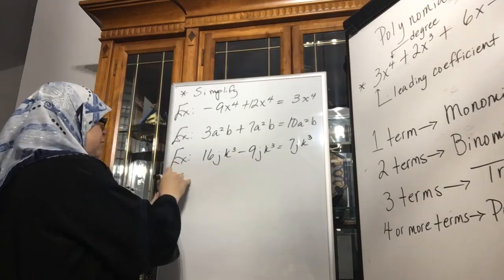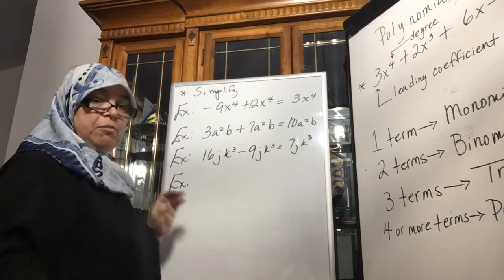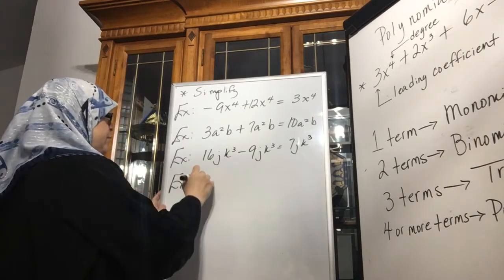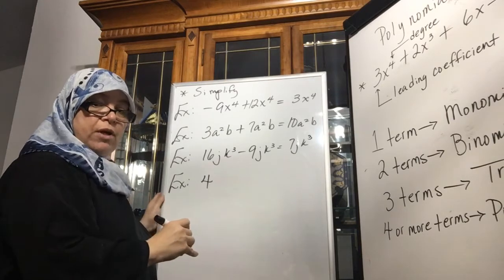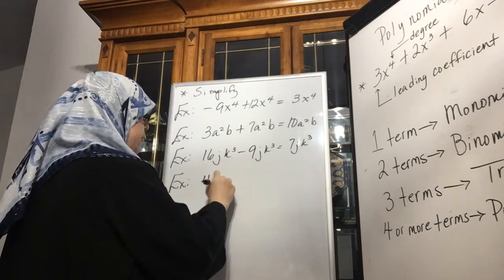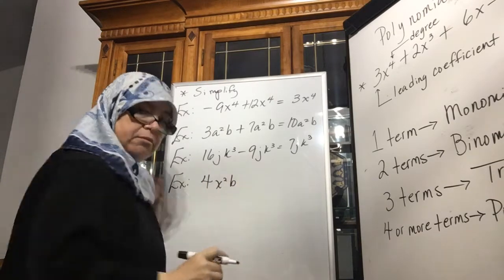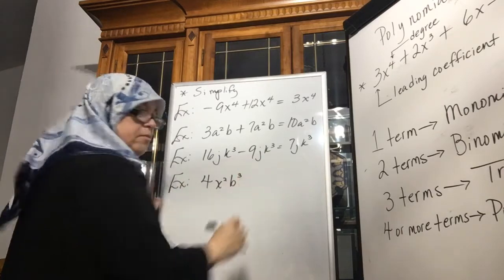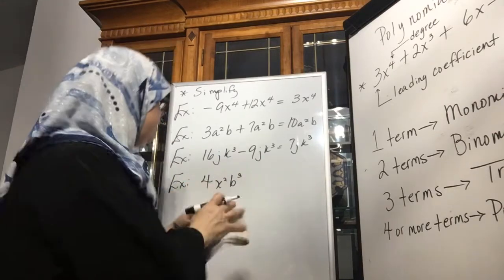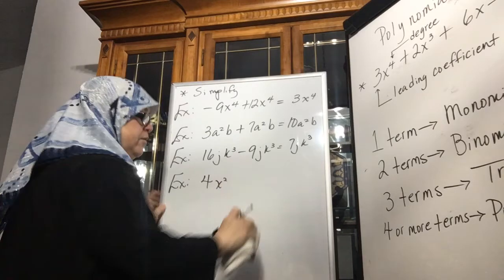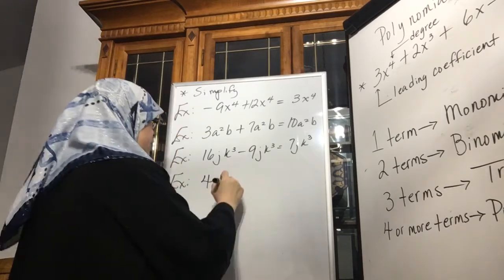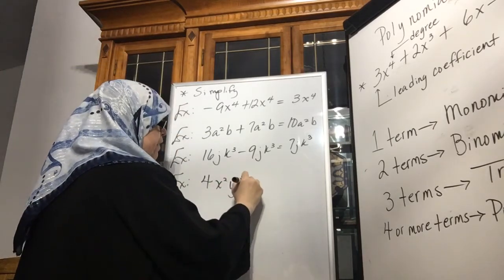Now, how about this one? And this is the last example on this one. So you have 4x squared, and I didn't mean to write a b. I meant to write a y.